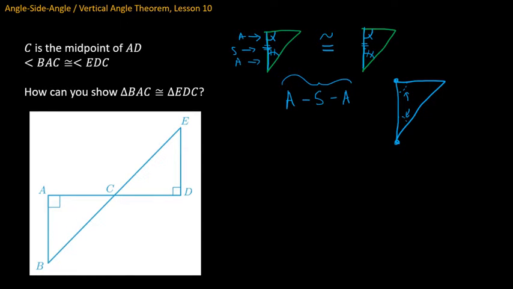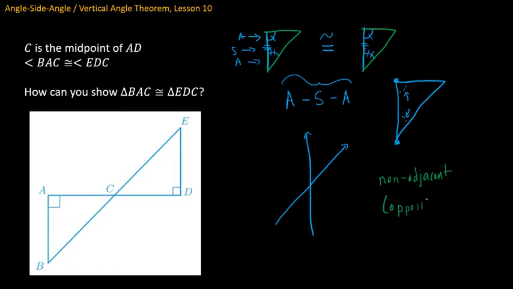Now, the vertical angle theorem, really briefly, tells me that if I've got two intersecting lines, remember lines meaning I've got straight lines, if I've got a set of intersecting lines, then non-adjacent angles are congruent. In other words, that means opposite angles.